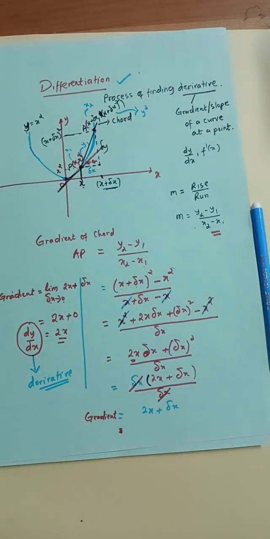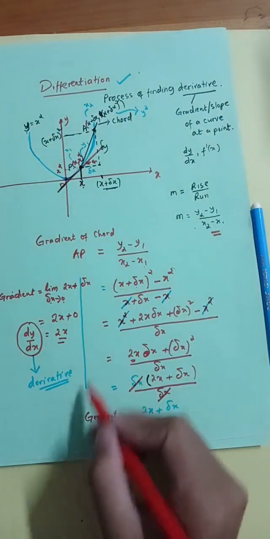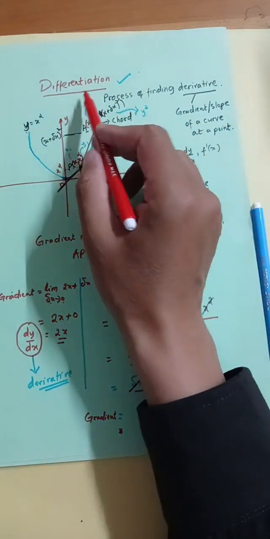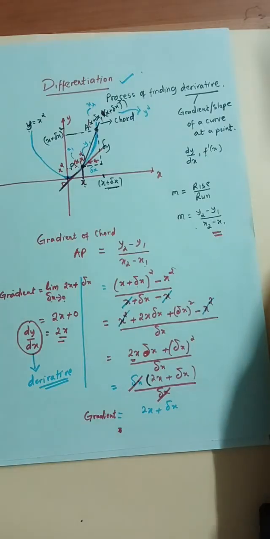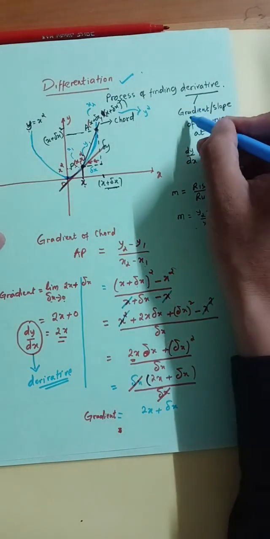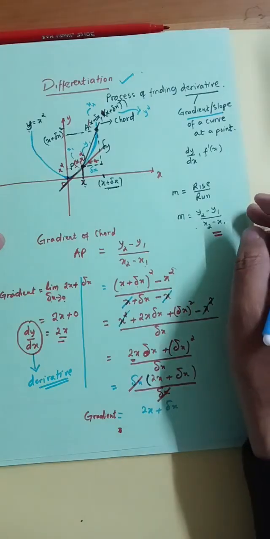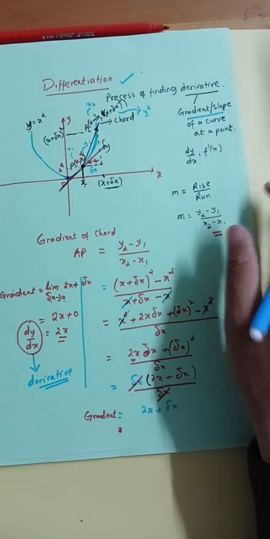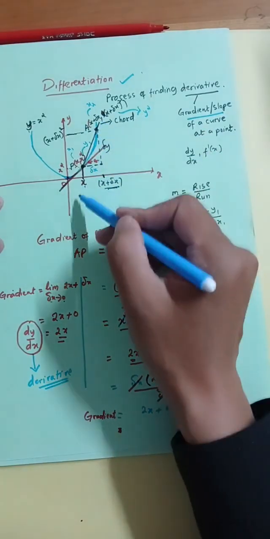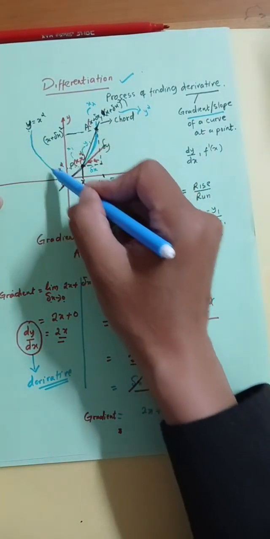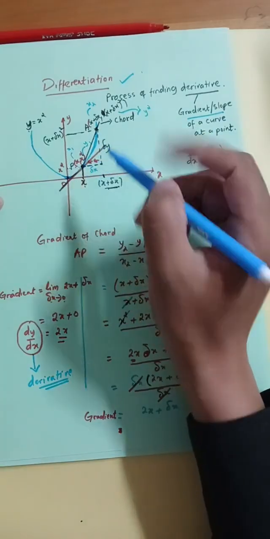So this dy over dx, the process of finding it, is differentiation, and the result is the derivative, which is the slope or gradient. We want to find the slope of a curve at a point.